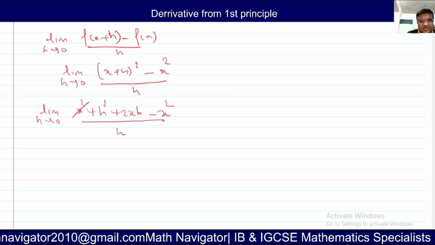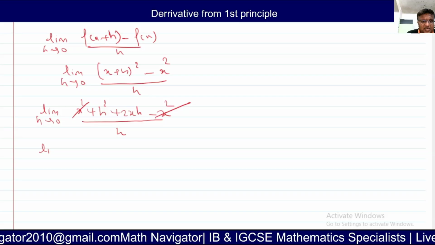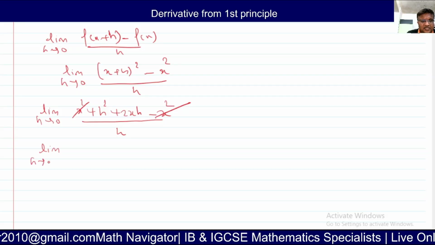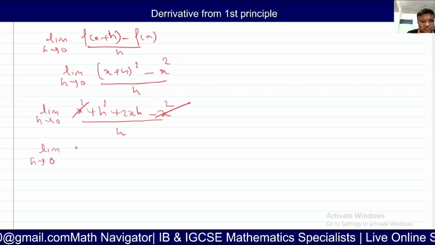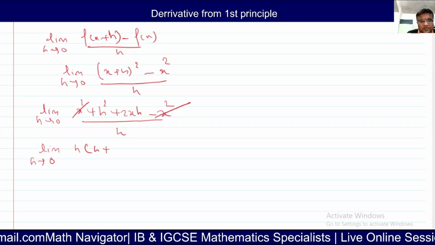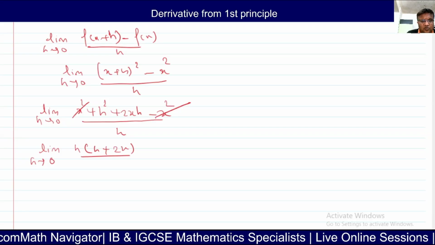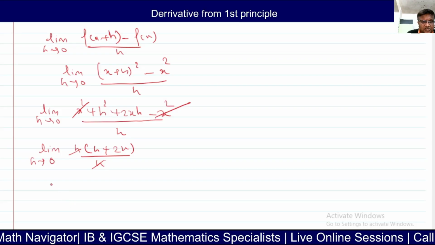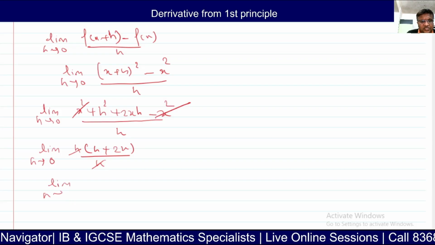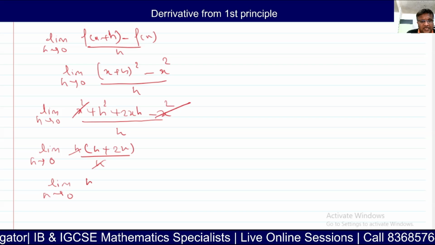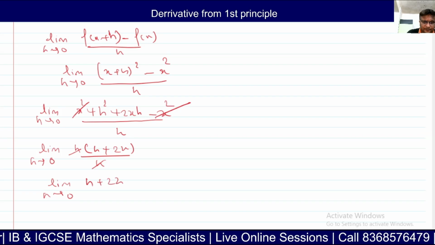This x squared will cancel, and this will become limit h tends to 0, h times (h plus 2x) over h. So h cancels h. So limit h tends to 0, h plus 2x.